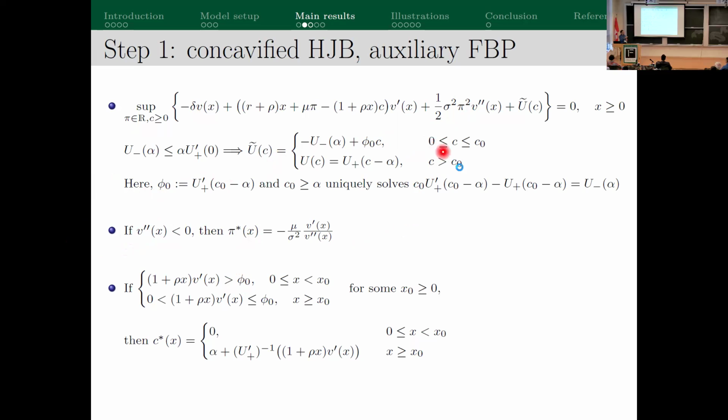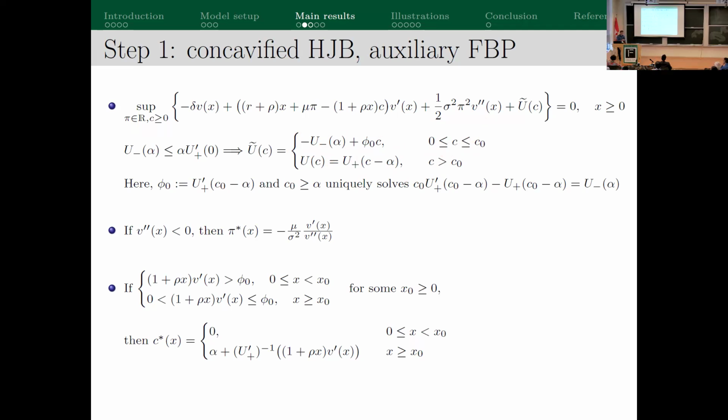For maximization with respect to C, you need to know exactly what the concave envelope looks like. And thanks to that assumption, which tells you that the concave envelope is smooth, you can write it down specifically as a linear function and then the U plus function, your concave part. And then this C0 is the point where you get your tangent.